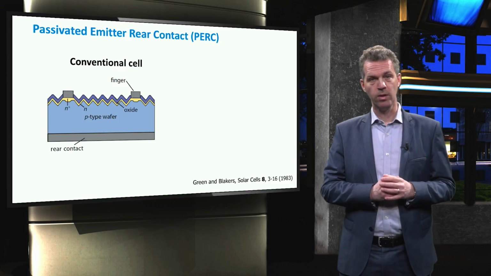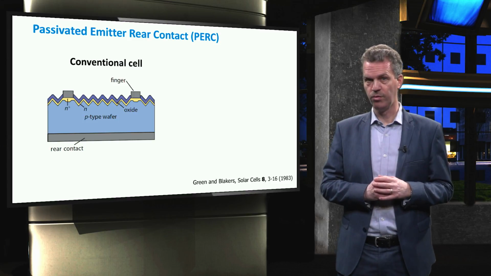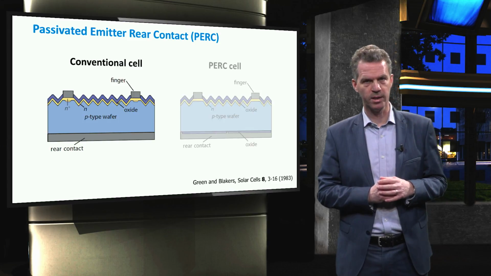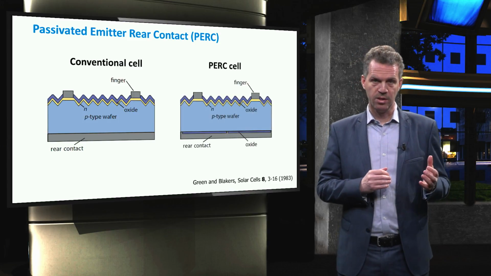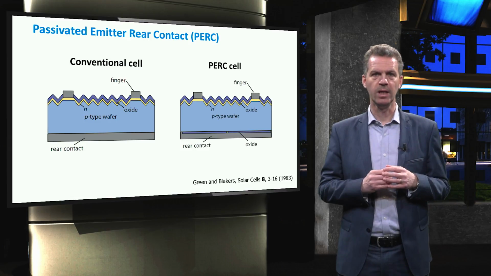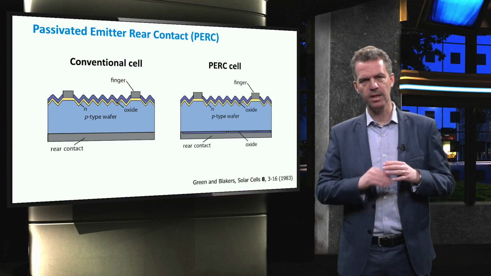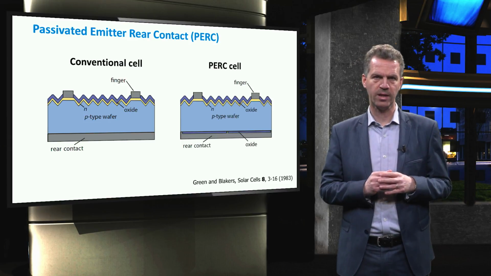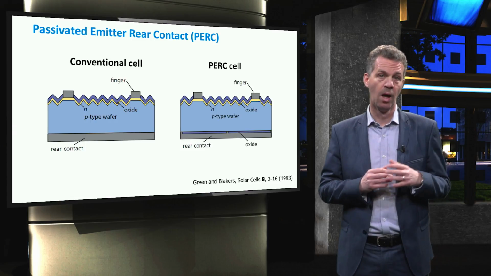In 1983, researchers at the University of New South Wales in Australia started developing the PERC technology. This design features a thermal oxide passivation layer between the silicon back and the metallization, with small areas in the oxide for the metal to contact the silicon semiconductor.